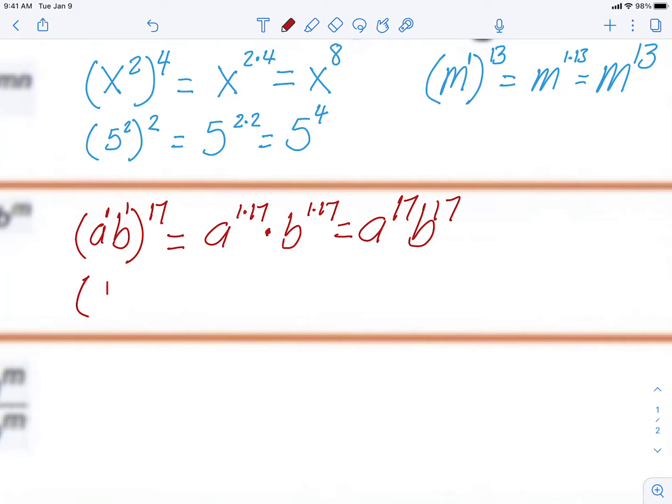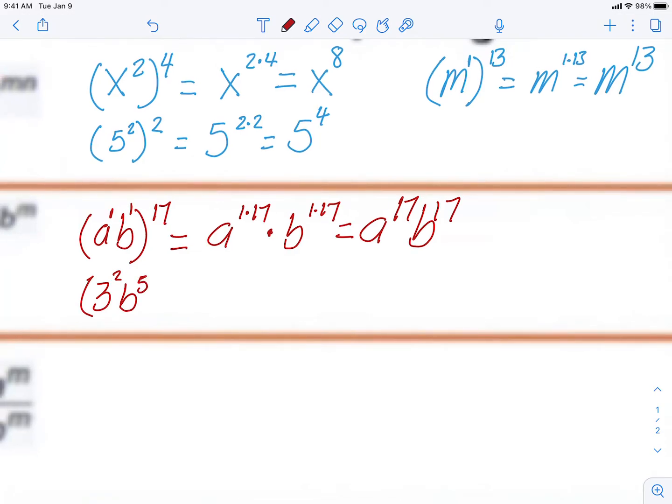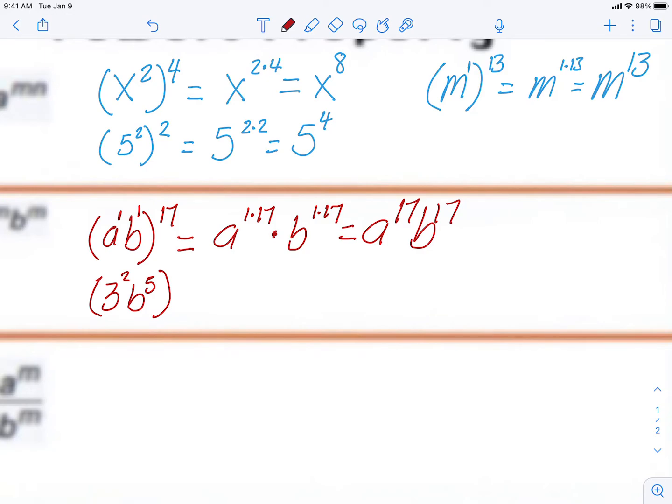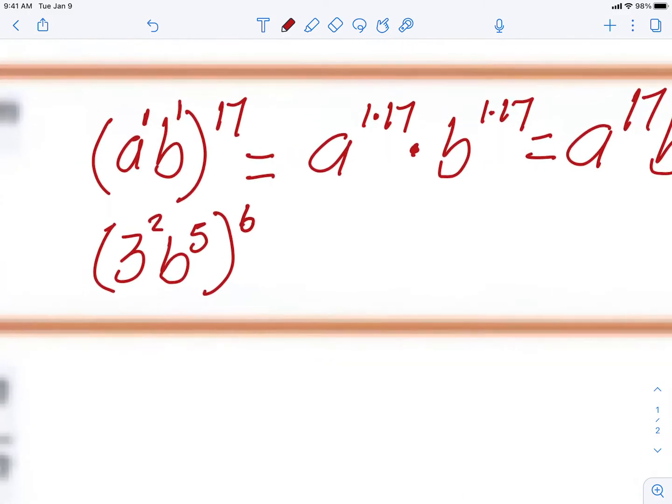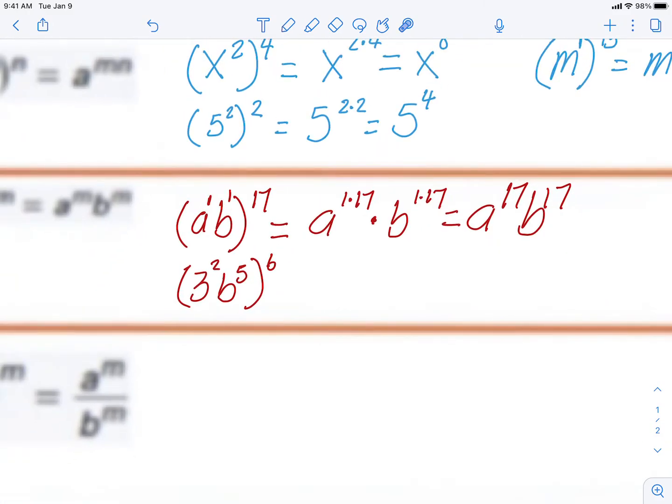So we have 3 squared and b to the power of 5, all to the power of 6. This means that this 6 is going to multiply with 2, and this 6 is also going to multiply with 5. It's like an exponent times an exponent, a power of a power.